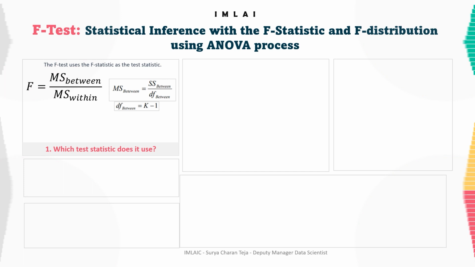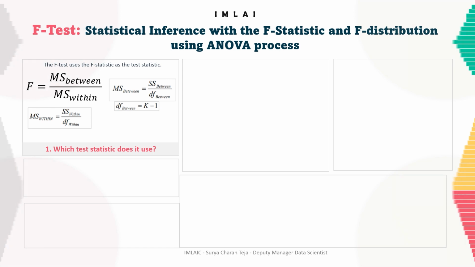Similarly, we can calculate the MS within, which is equal to sum of squares within divided by degrees of freedom within. Degrees of freedom within is within the category.